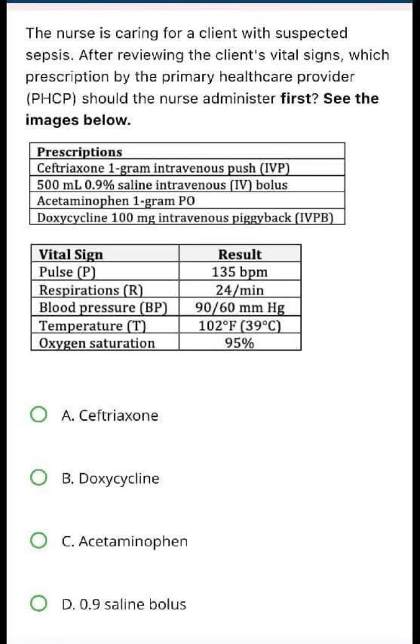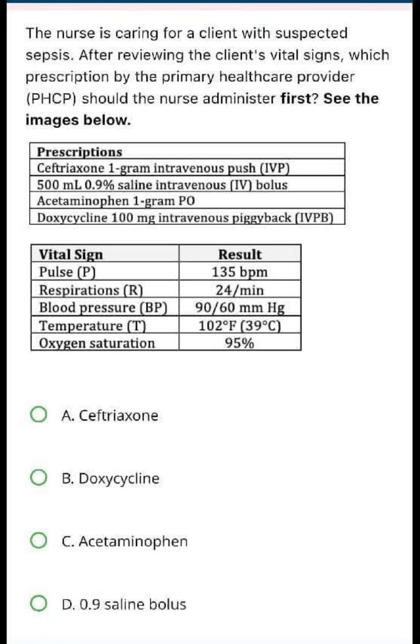How do you reduce organ failure? Start resuscitating the patient with fluid. When you administer fluid, blood pressure will increase, pulse will drop, temperature will reduce. I repeat myself, when you administer IV fluid, especially 0.9 saline, blood pressure of 90/60 will increase.